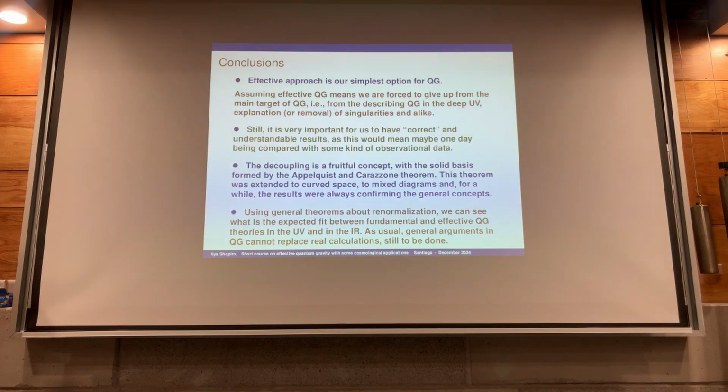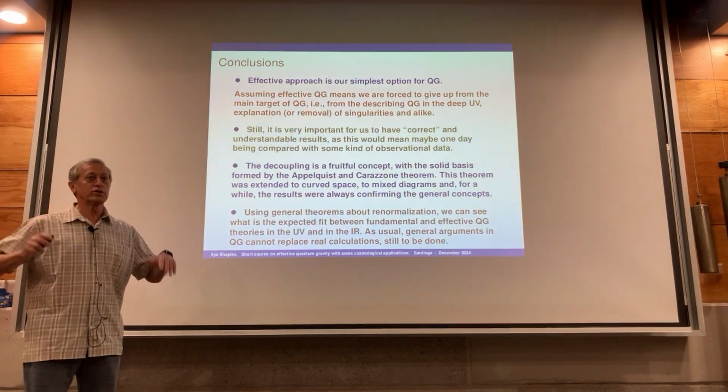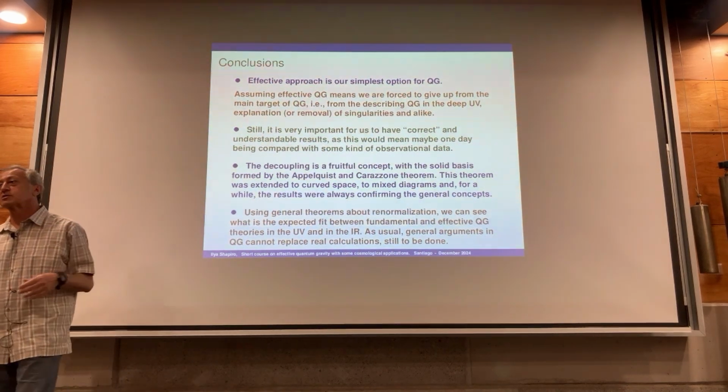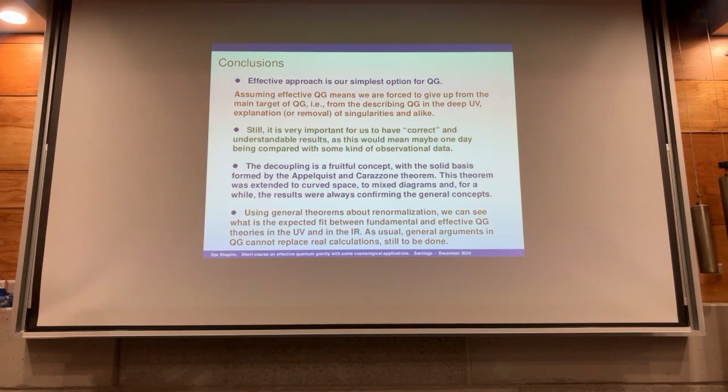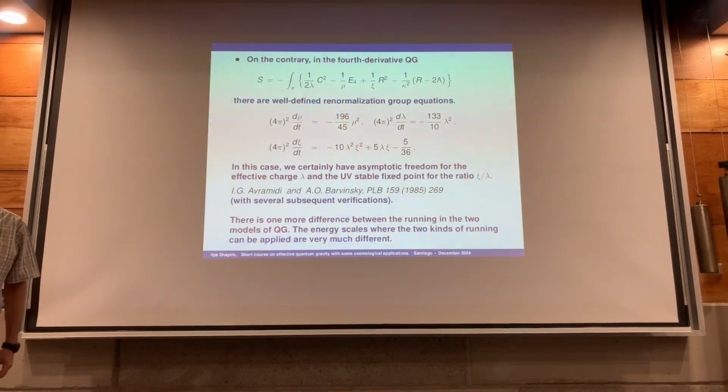Okay, so let us make some conclusions. First of all, the effective approach is our simplest option for quantum gravity. So we say, okay, let us go only to the infrared, because the ultraviolet is, by the way, what's interesting to know is that these beta functions, which people worry about, and me too, of course, because I checked these beta functions in some paper and some others.